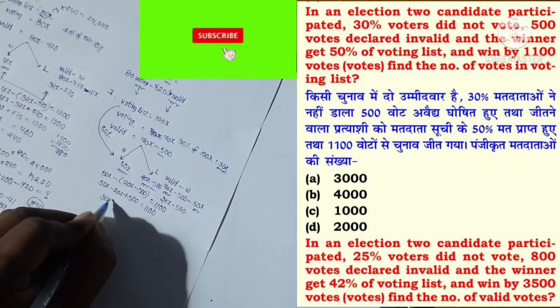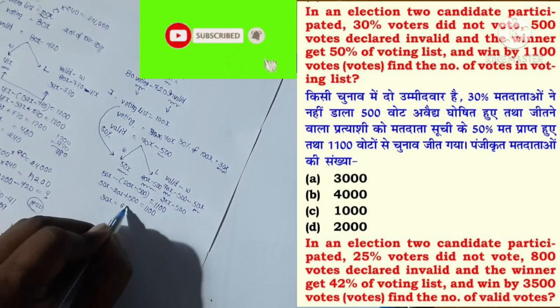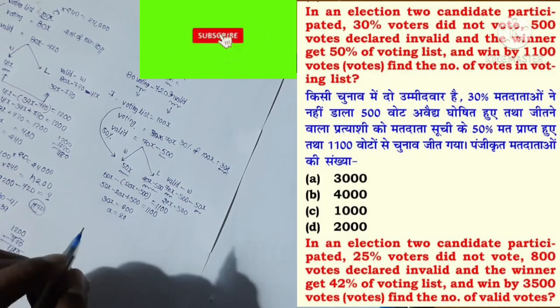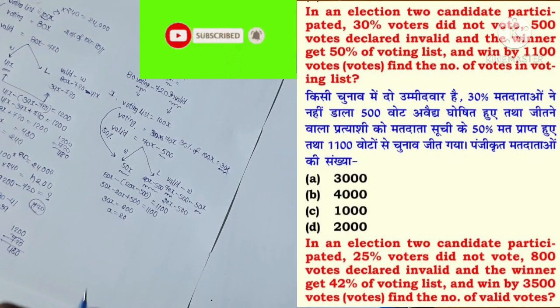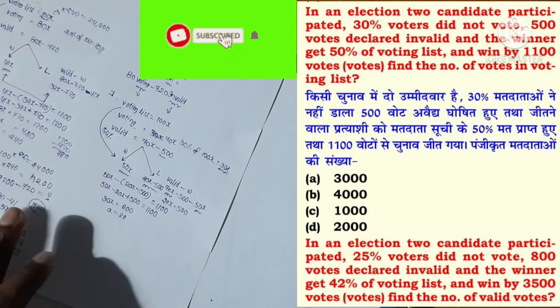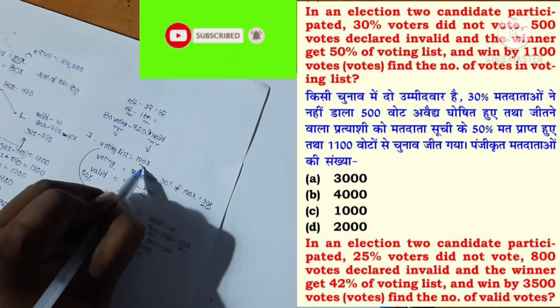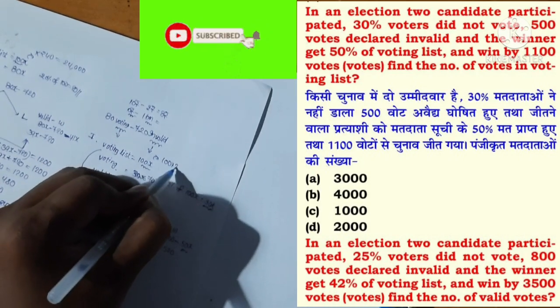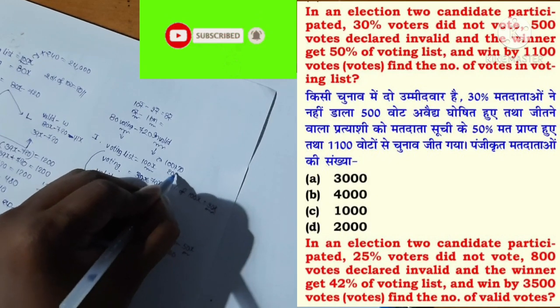So 30x is equal to 600. So x is equal to 20. So the voting list is 100 into x, 100 into 20, so the value is 2000.